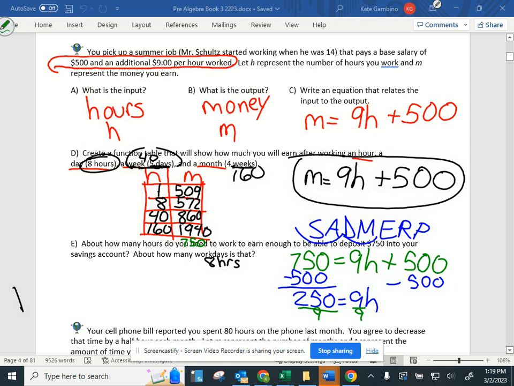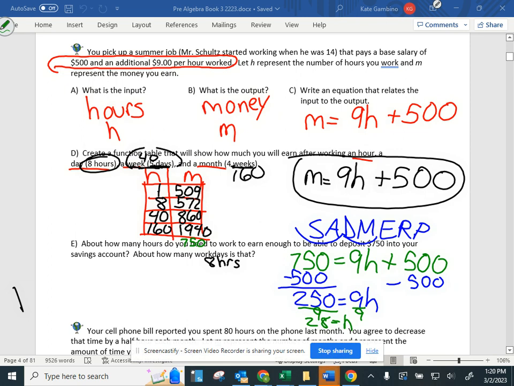27.77. Yeah, and here's what I'm going to do, because I want to know hours on the whole. So what is that going to round to? 28. That's going to round to 28 hours. So if I work 28 hours, how many work days am I going to work?